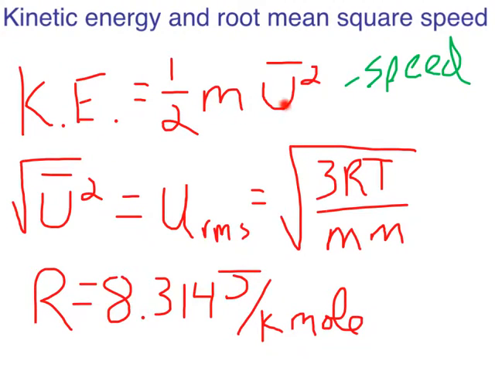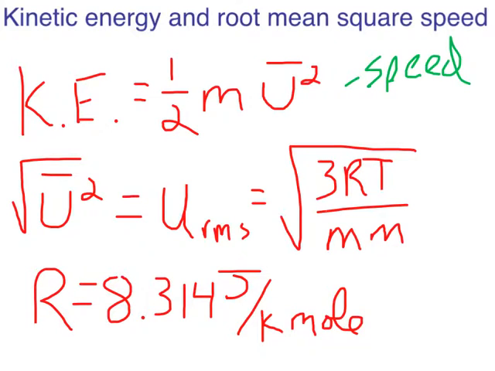Well, if you multiply these two things together, they end up averaging out. If something has a really big mass, its speed is going to be really low. If something has a really small mass, its speed is going to be really high. And so when you multiply them together, they end up equaling about the same. So the kinetic energy for any number of gases at the same temperature is always going to be the same.